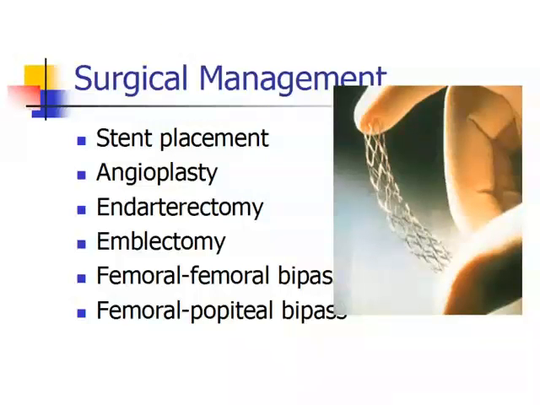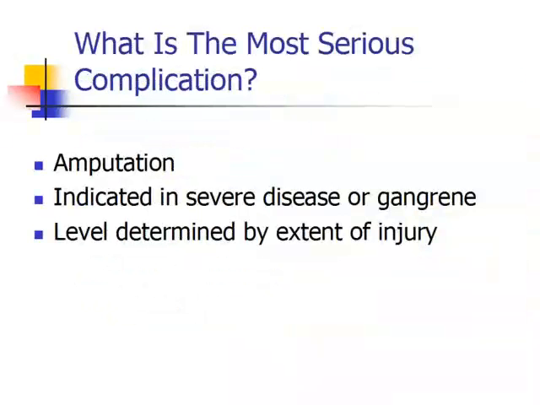The most common complication for patients that have arterial disorders is that the patient will require an amputation if the tissue becomes necrotic. This may be indicated if the patient has severe arterial occlusive disease or has developed gangrene, and the level of the amputation is going to be determined by the extent of the injury or the extent of the necrotic tissue.